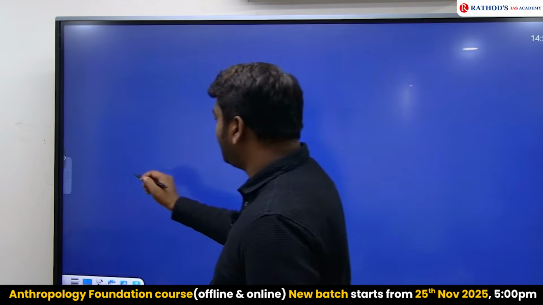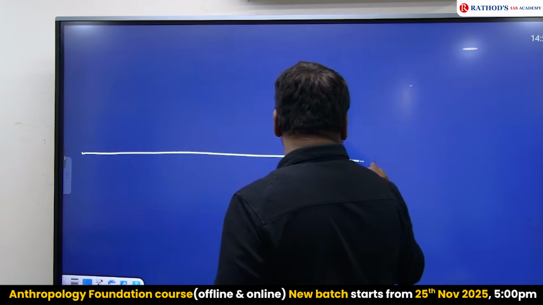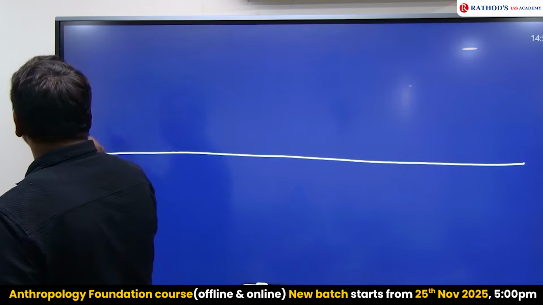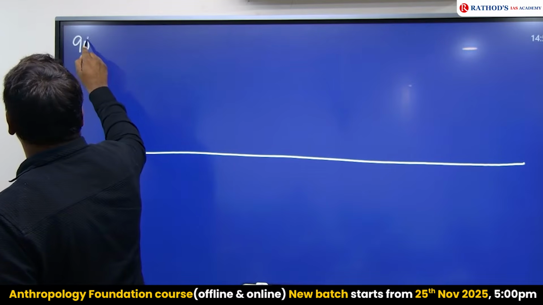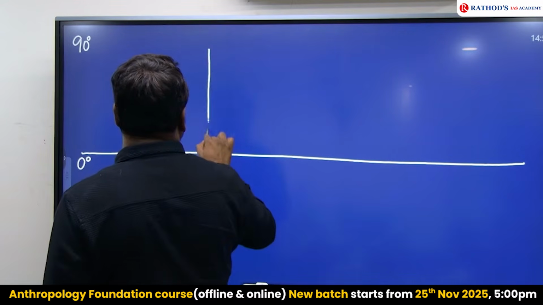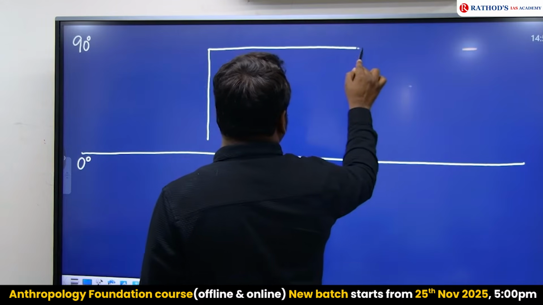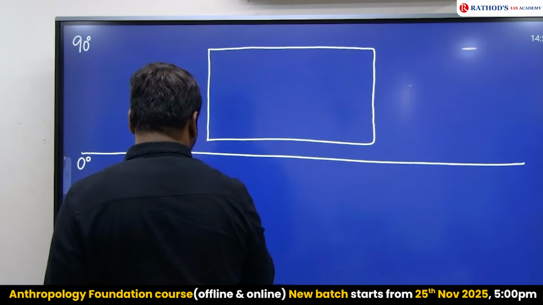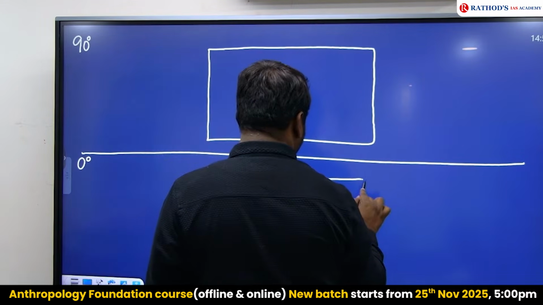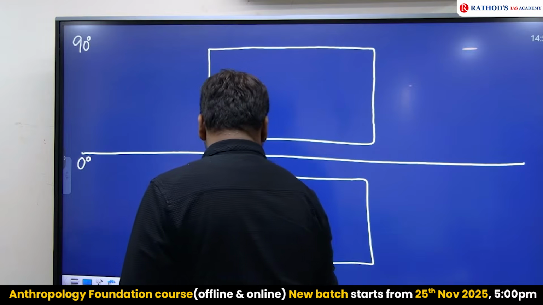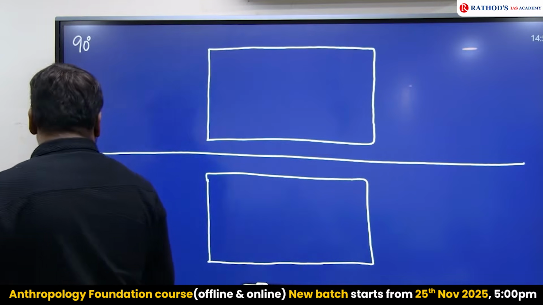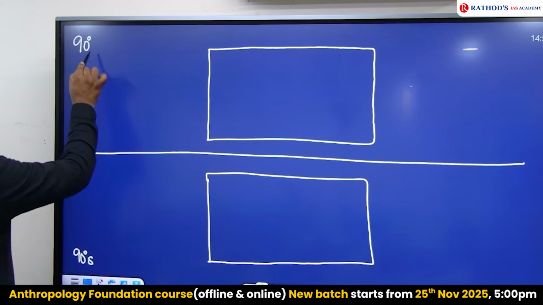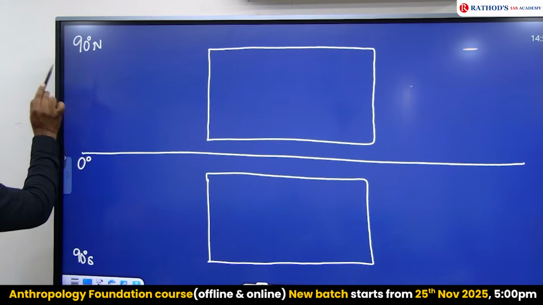Now, in geographical terms, why is it important for us? Consider this as the equator and this as the pole. Equator to poles, can you tell me, does temperature decrease or increase?